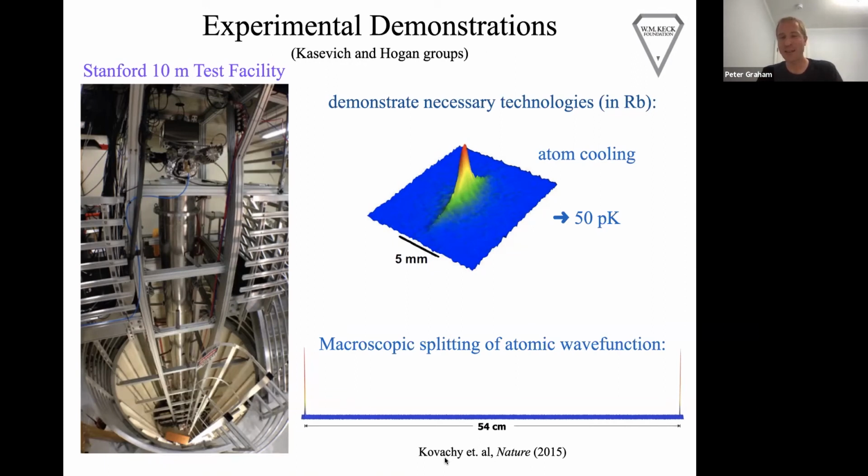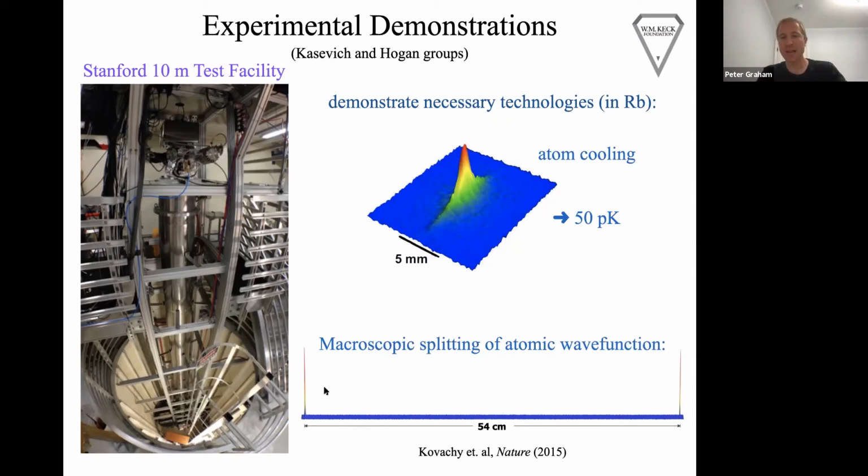It's kind of cool quantum mechanics that you could even walk between the two halves of the atom's wave function. But also this ability to split it farther and farther apart reads directly into your strain sensitivity. So this corresponded to a factor of 100 boost to your strain sensitivity. And they're working now on going even farther, as I said, up to 1,000. So this was very exciting.